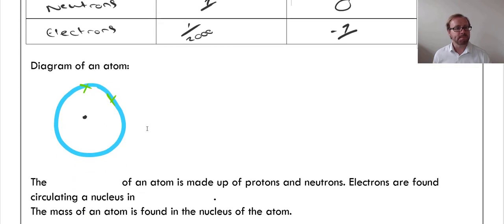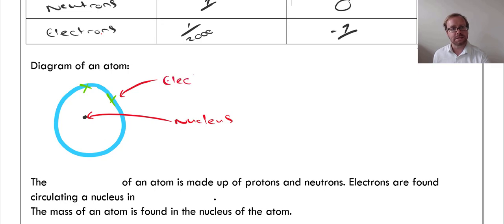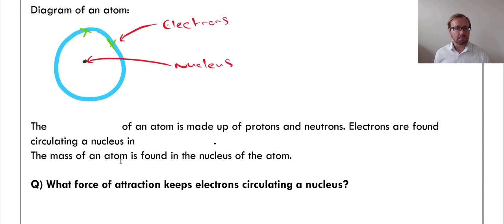So here we have a diagram of an atom, and in the middle we have the nucleus, and surrounding the outside, or orbiting around the outside, we have the electrons, and I've shown them as crosses. So this is a very basic diagram of an atom. Okay, so moving on.